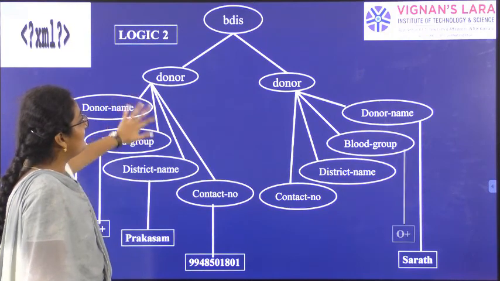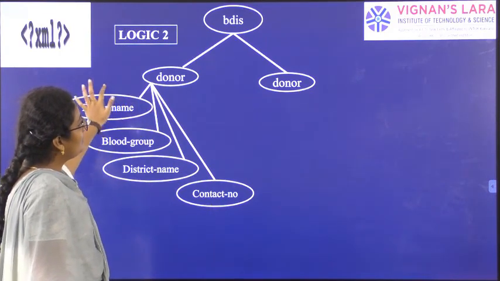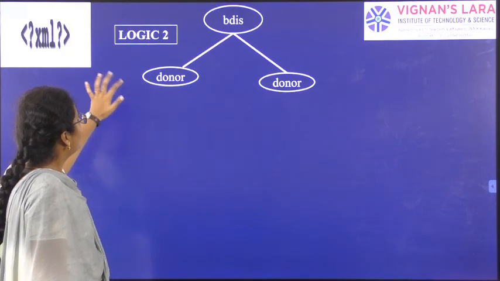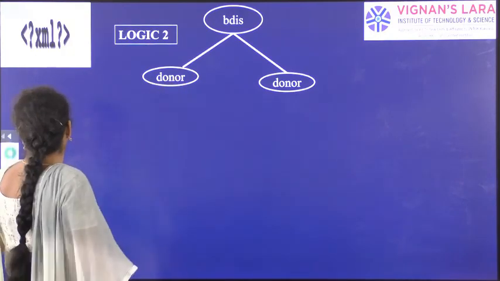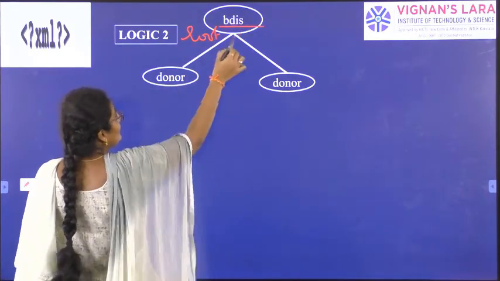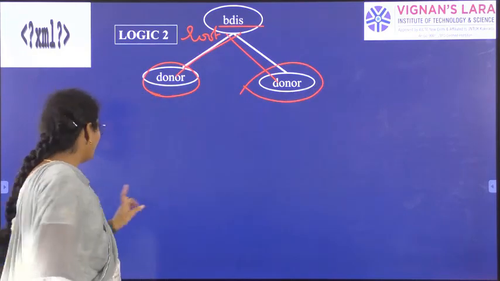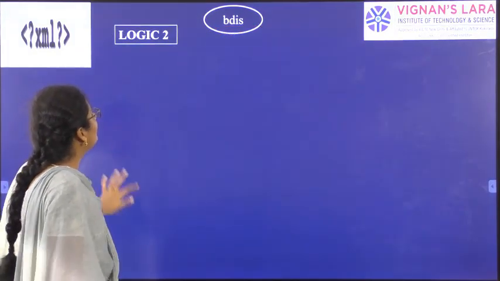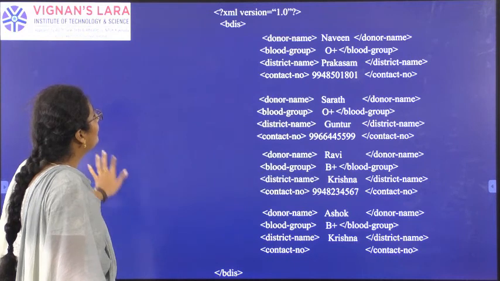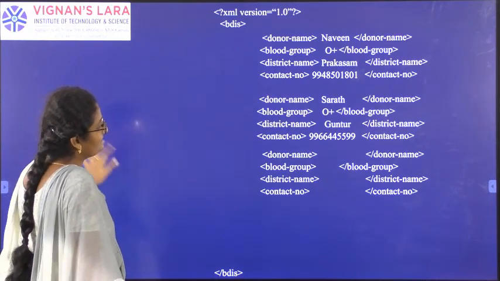What is the difference between this logic and the previous logic? See here, the root element is BDIS. From this we have two child elements, donor and donor. What is the difference between this logic and the previous logic? We'll see.